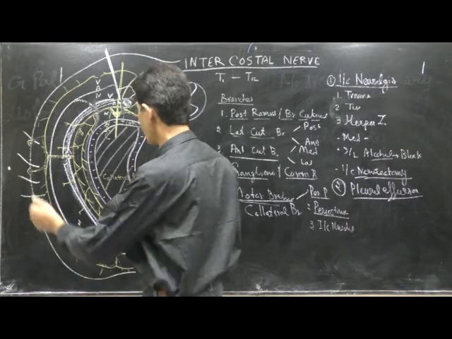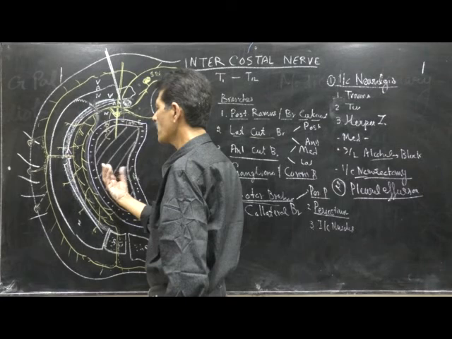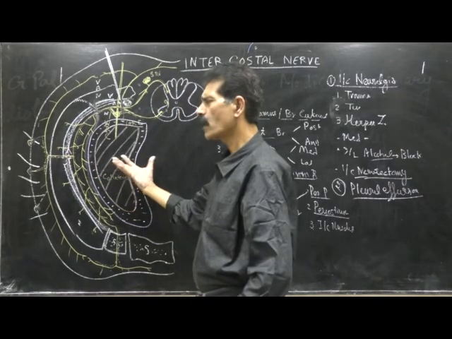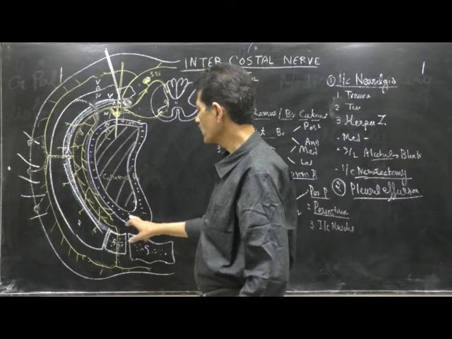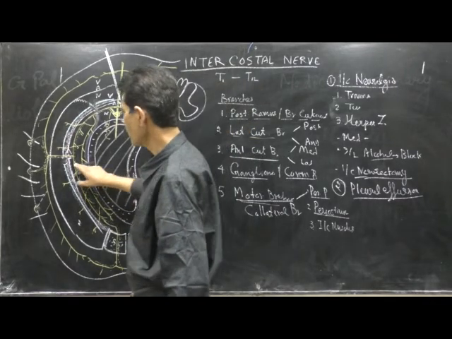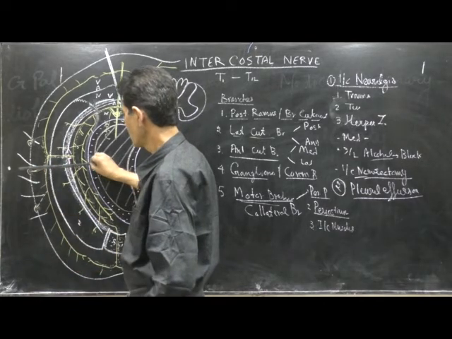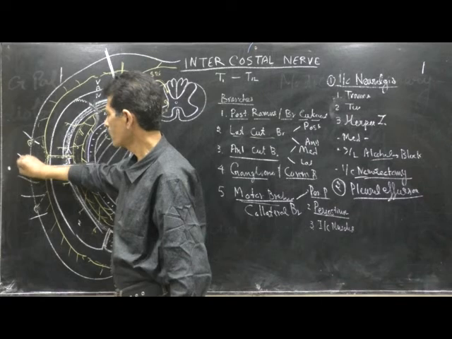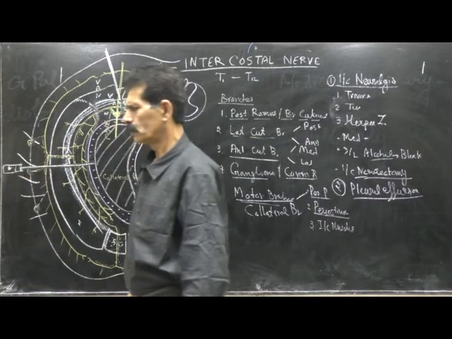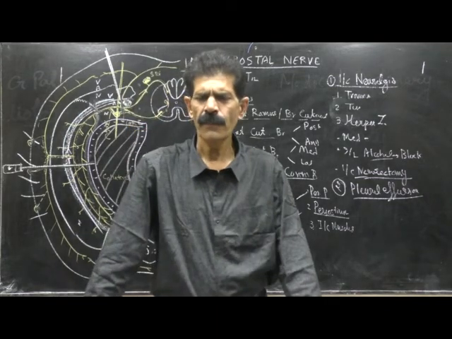Because of this fluid, there is an external pressure on the lung, and the lung doesn't expand during inspiration and expiration. So in order to relieve the dyspnea, we withdraw the fluid from the pleural cavity by putting a syringe in it, and we withdraw the fluid outside. This procedure is called removal of the pleural effusion.